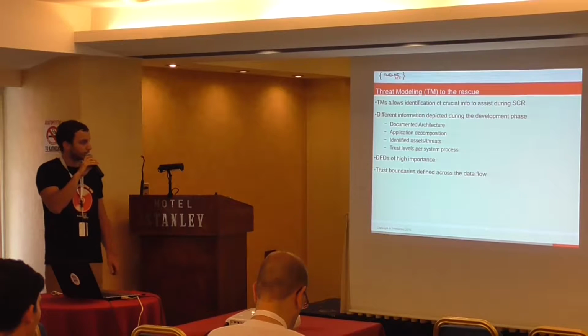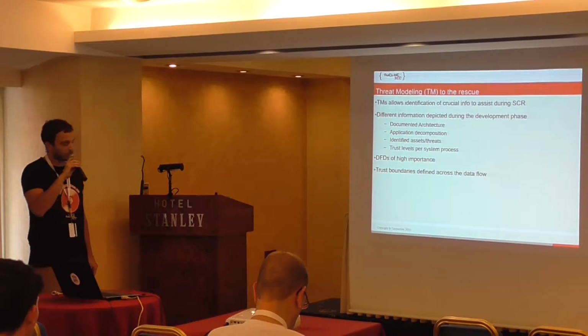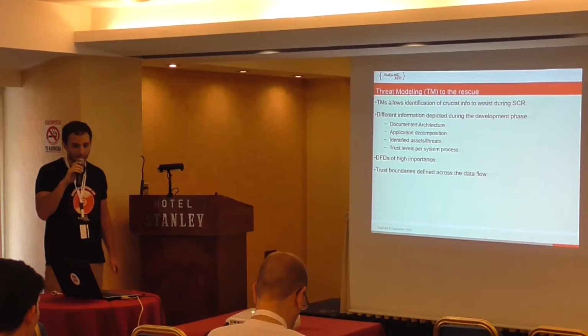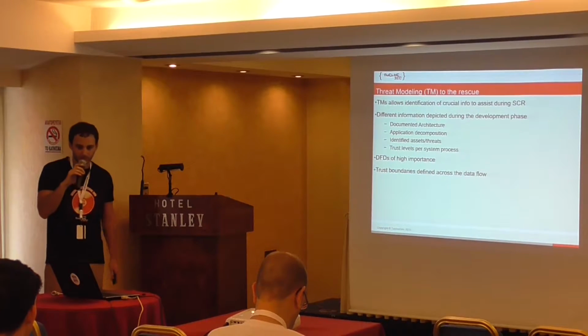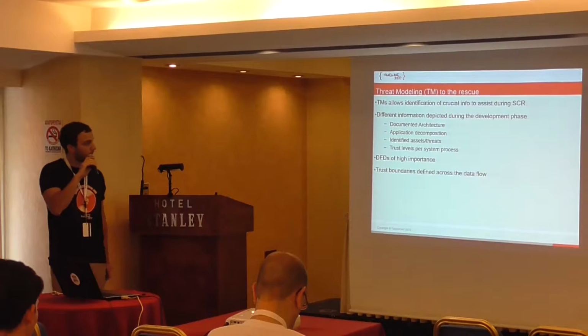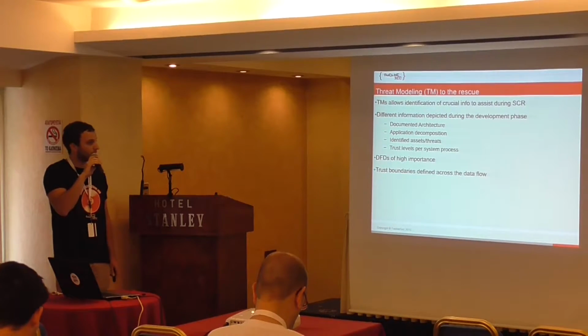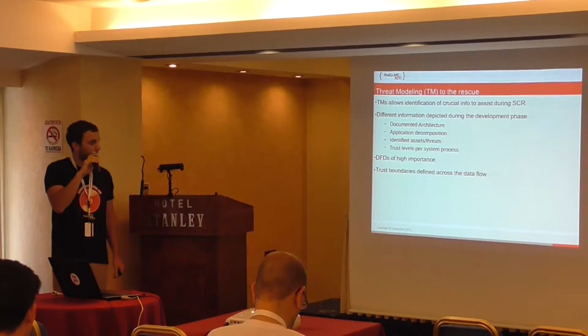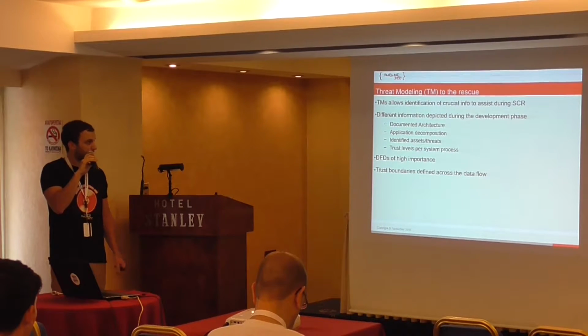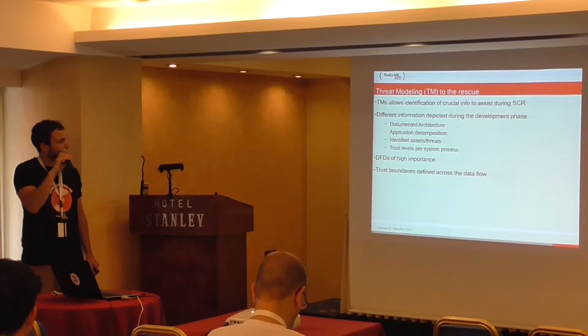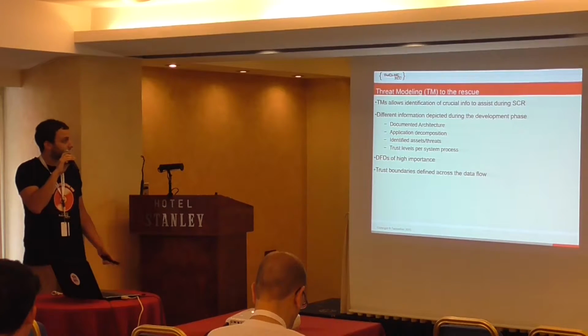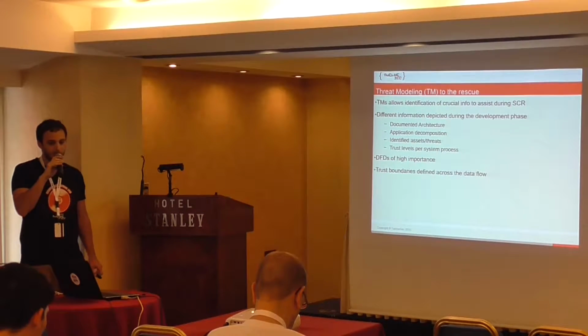Based on the OWASP scheme for marking data flow diagrams, there are also trust boundaries defined across the project and across the data flow. So we are able to know, per component, from which source the data is accepted or trusted.